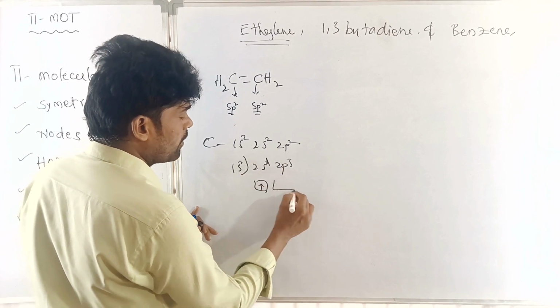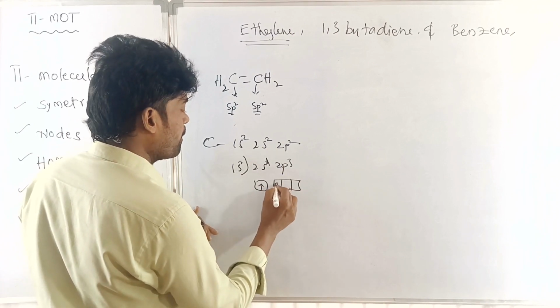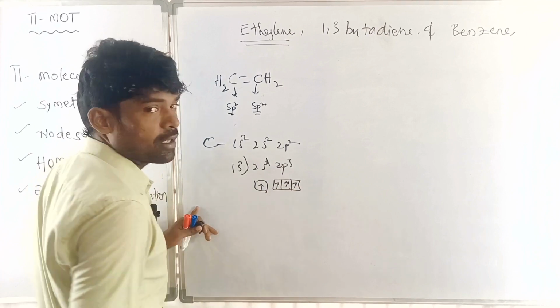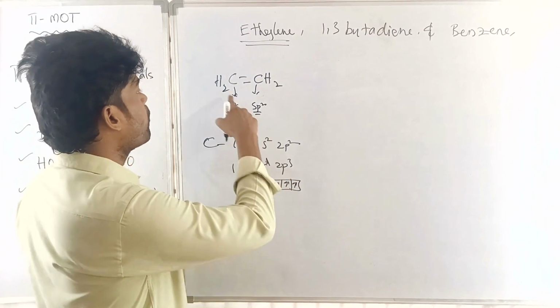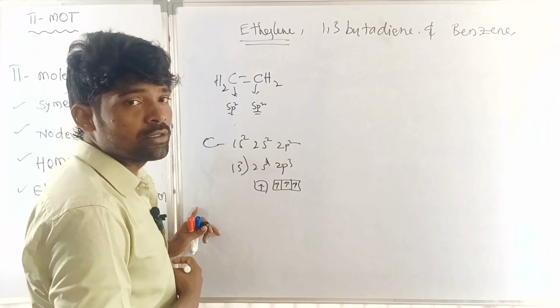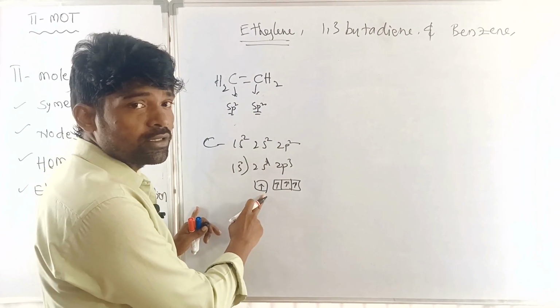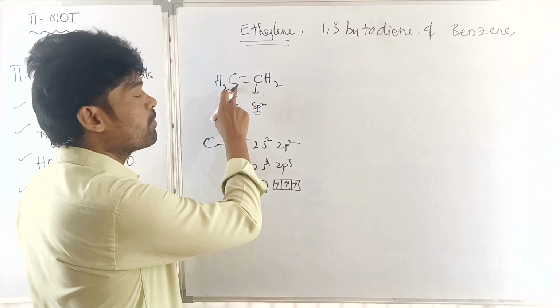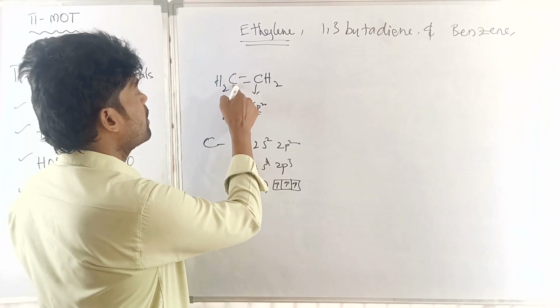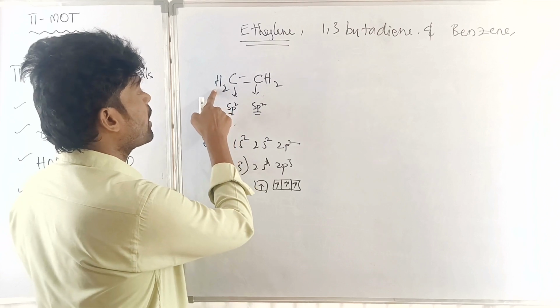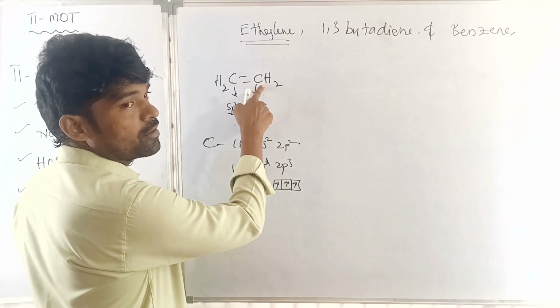S orbital and p orbitals. If this carbon atom wants to make bonds with hydrogen atoms, it undergoes hybridization as a central atom. Because here carbon is the central atom, surrounding carbon there are hydrogens and another carbon atom. Understand?